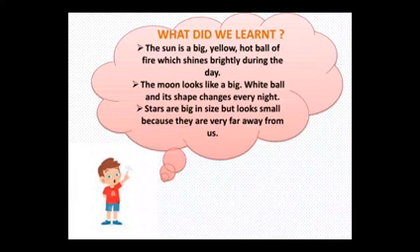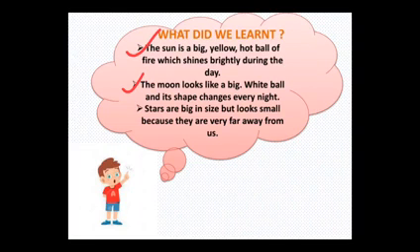Okay, now let's recall what we have studied in this chapter, students. First of all, we studied about the sun. What is the sun? The sun is a big, yellow, hot ball of fire which shines brightly during the day. After that, we studied about the moon. The moon looks like a big white ball and its shape changes every night.